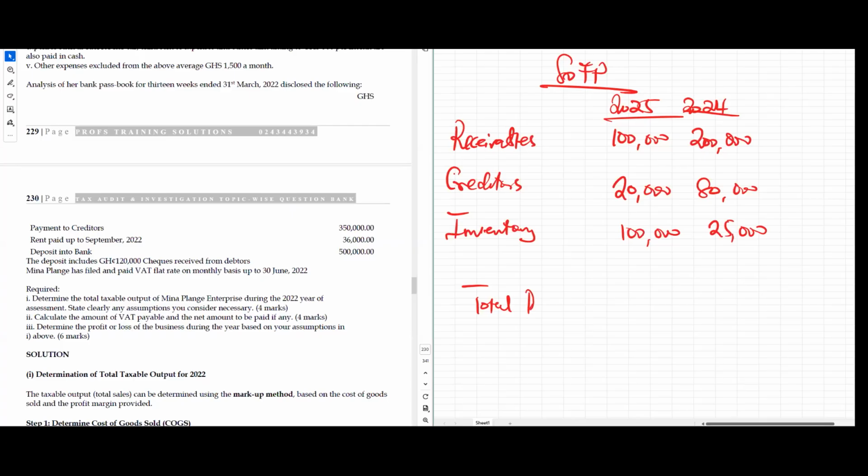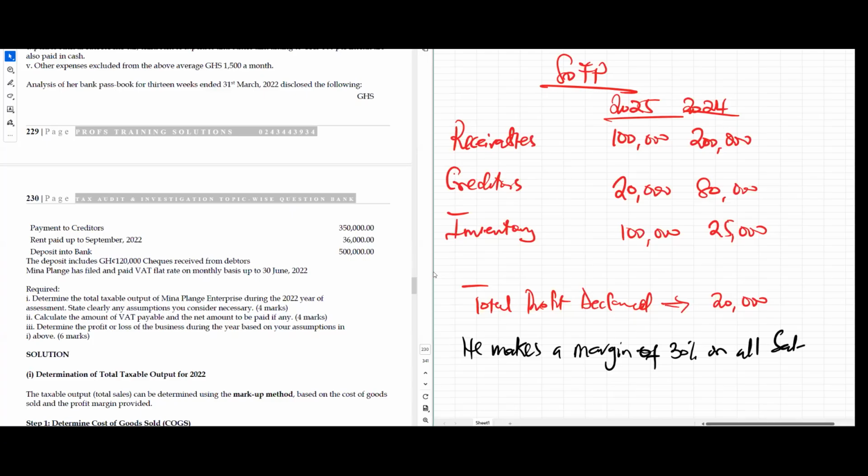Then they told you the total profit declared. Let's say the profit declared was 20,000. And let's say this guy makes a margin of 30% on all sales.